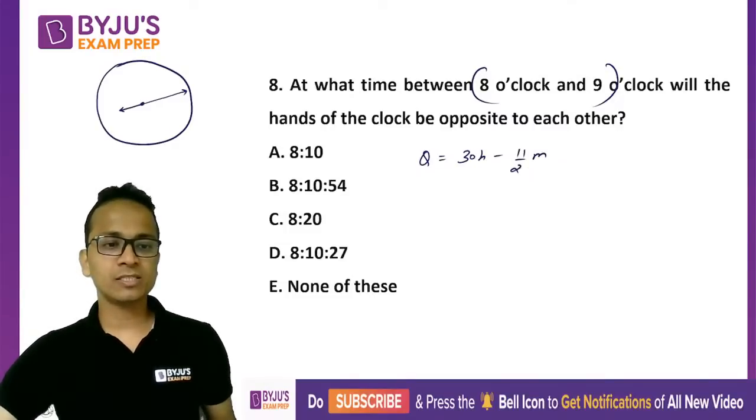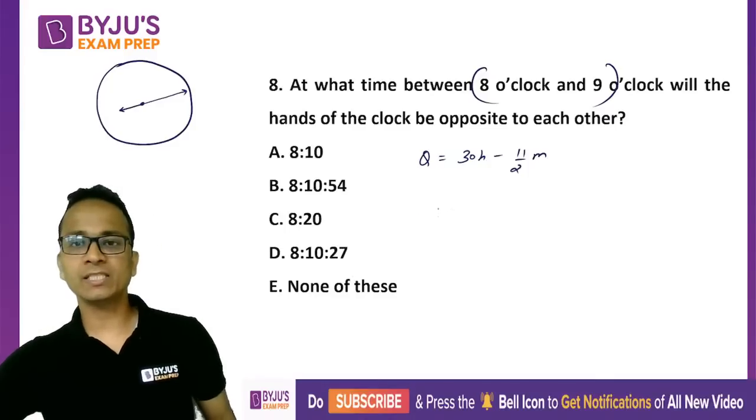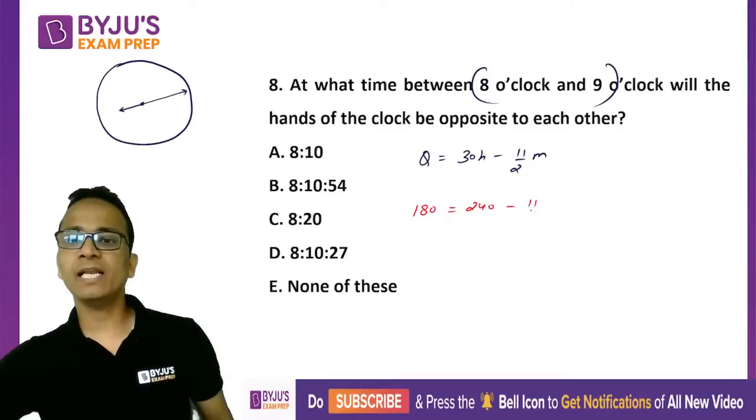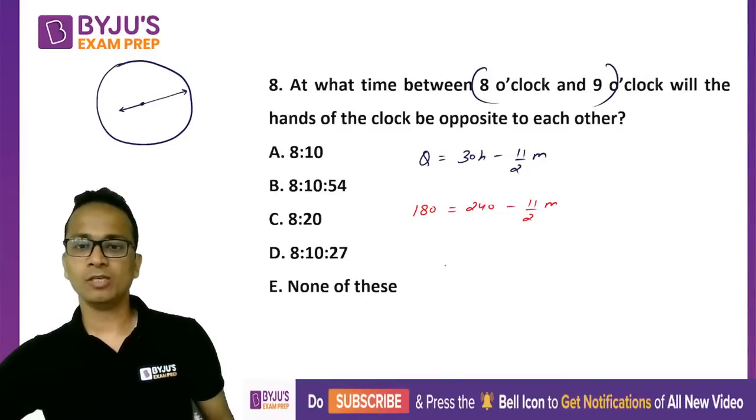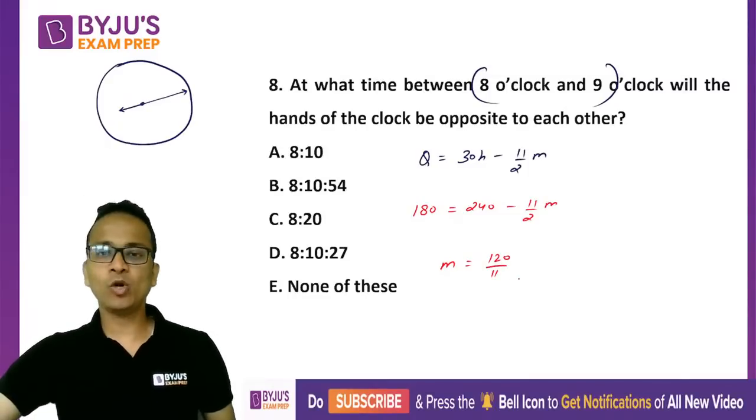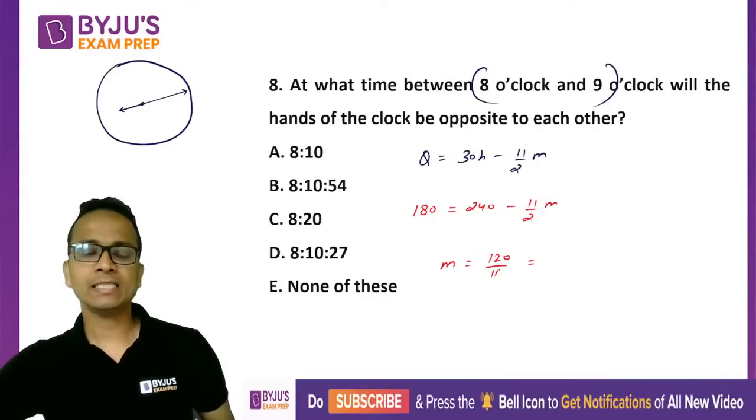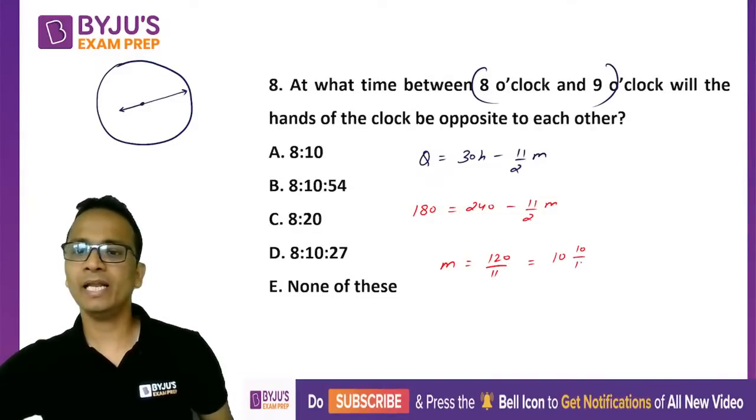Let's calculate what will be the correct answer. So theta is 180. 30 into 8, that is 240, minus 11 by 2m. So the value of m will be 120 upon 11, and that is equal to 10 by 11.